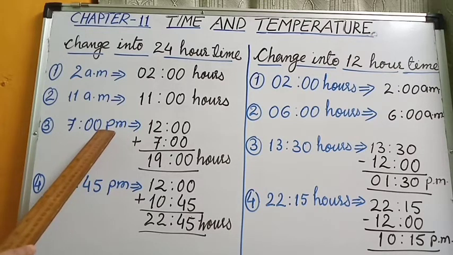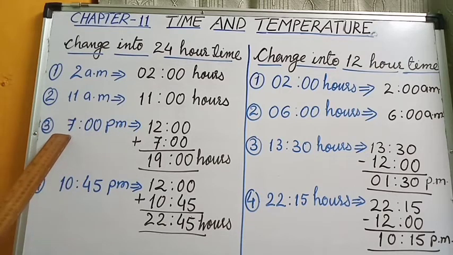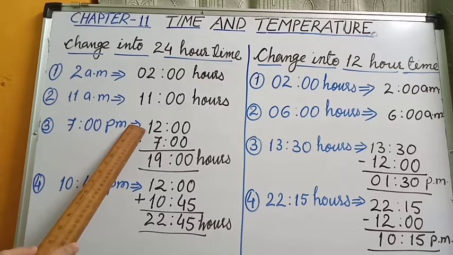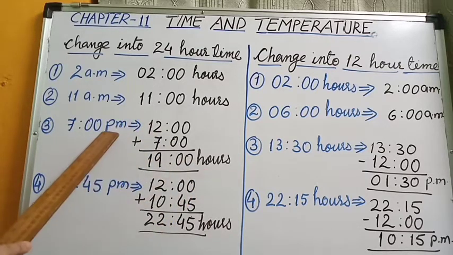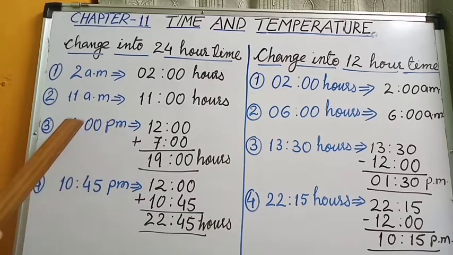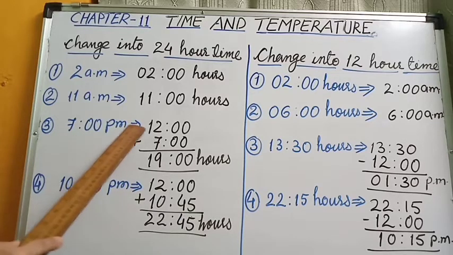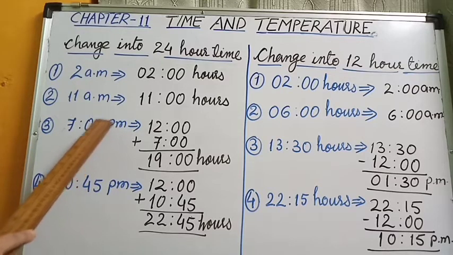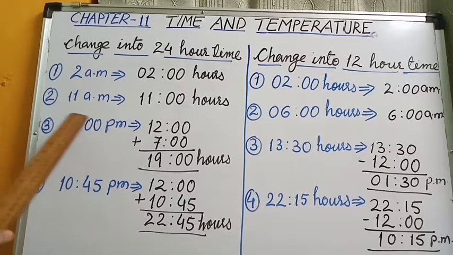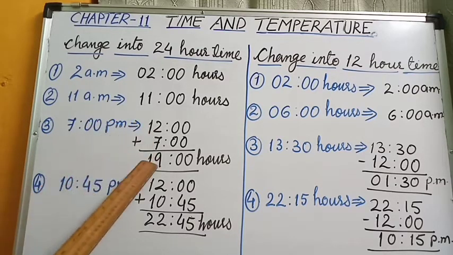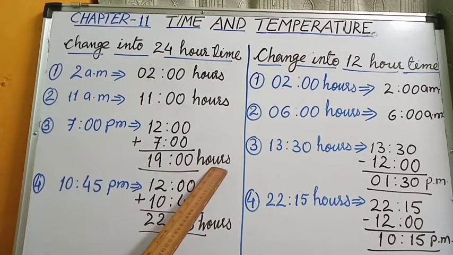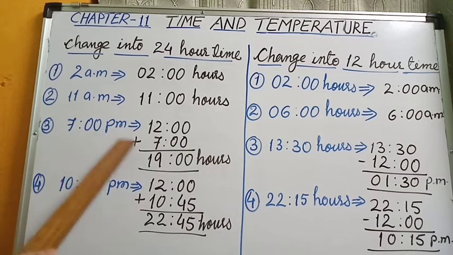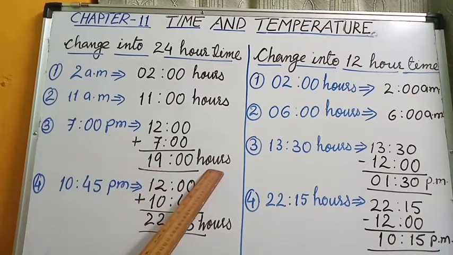So after 12 noon, 7 hours passed. That means we have to add 7 with 12 to find the 24-hour time clock. PM means after 12 noon, 7 hours passed. So 12 plus 7 is 19. We remove PM and add hours. So 7 PM can be written as 1900 hours.